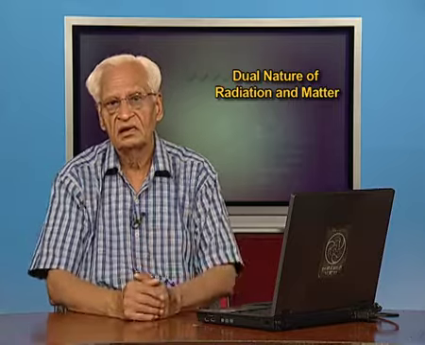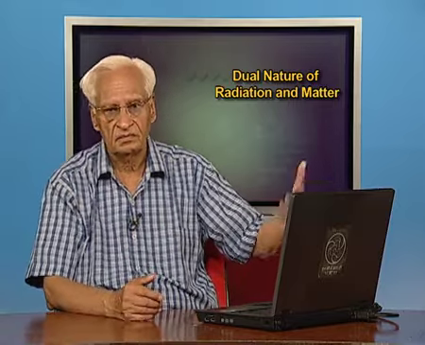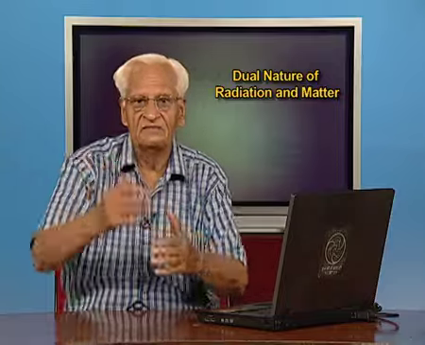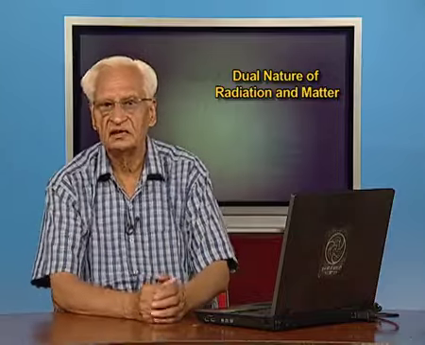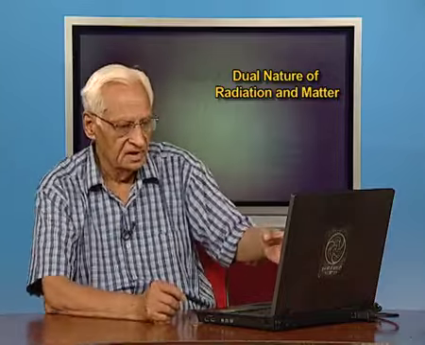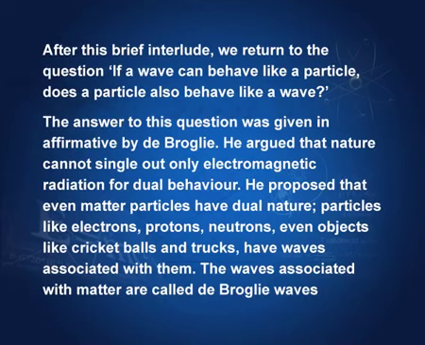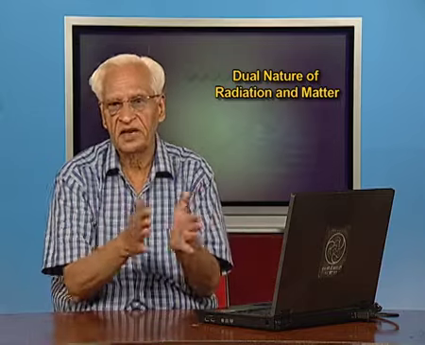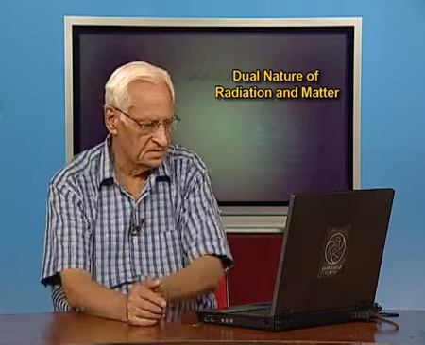There must be other particles which can have waves associated with them. So, that is what he said. He said nature cannot single out only electromagnetic radiation for dual behavior. He proposed that even matter particles have dual nature, that is, they behave like particles as well as waves.